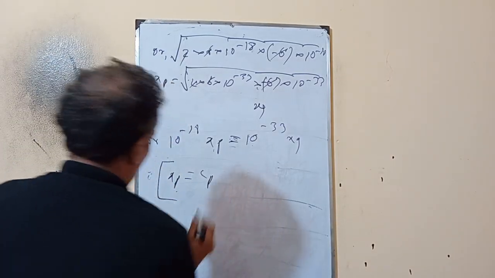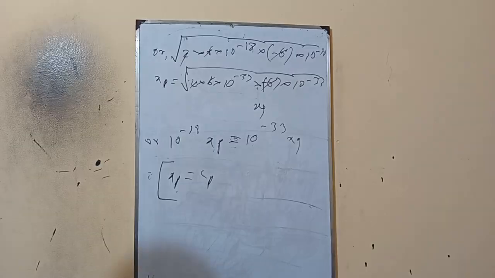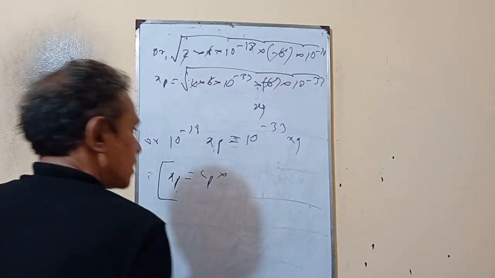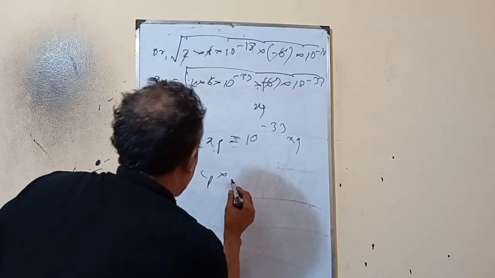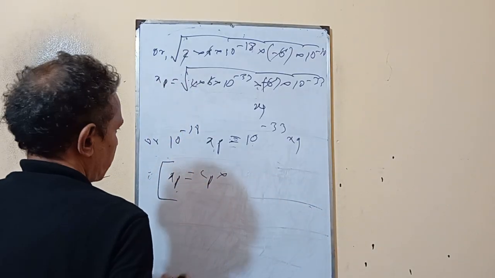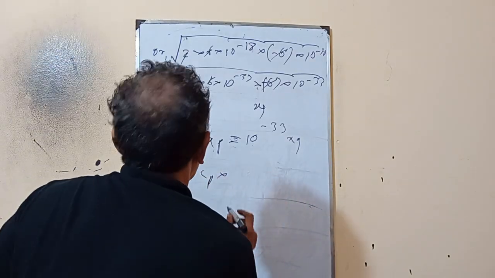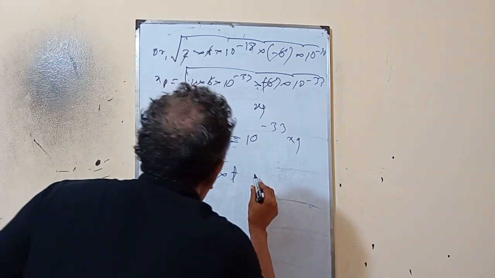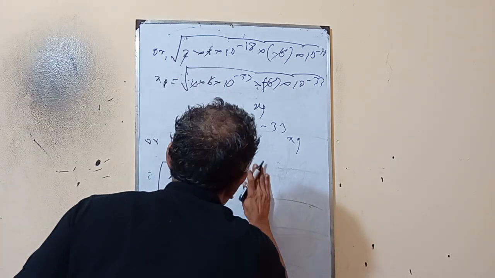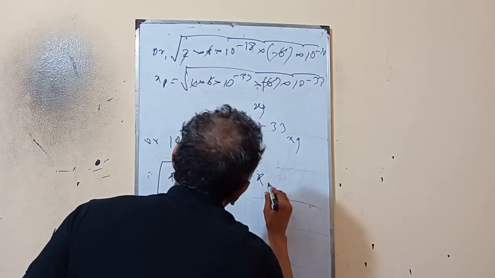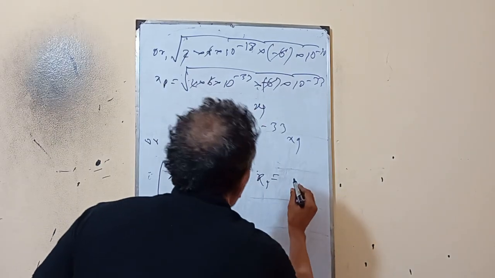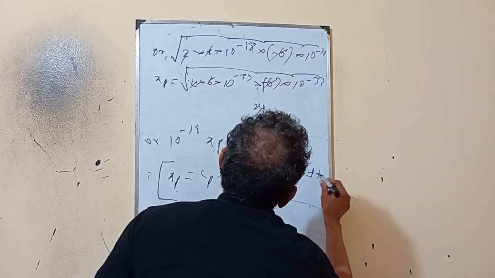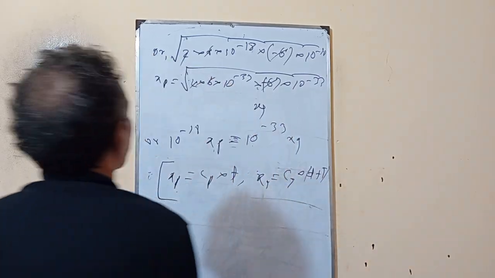CP is the velocity of photon, and what time it is. And CZ x is equal to C into T plus T. Okay.